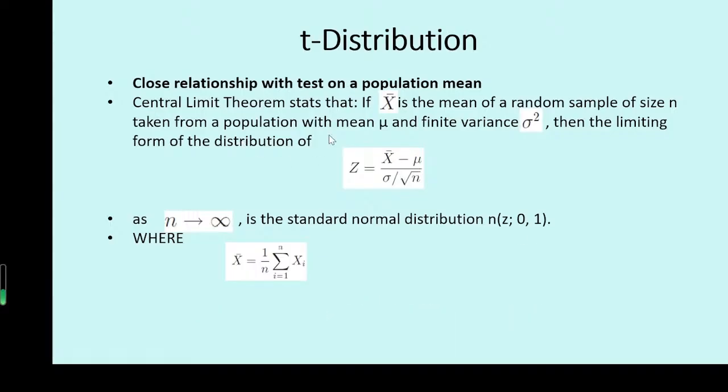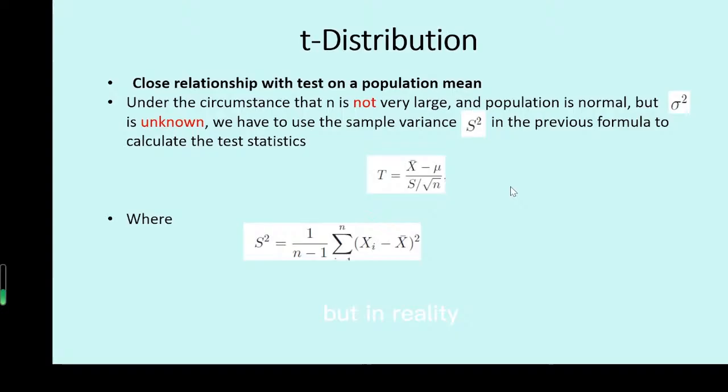Just note, in this case, we do not need to say whether the population is normally distributed or not, because the central limit theorem states that any population distribution, in a large sample, will give the standard normal distribution. Here x bar is the sample average, right?